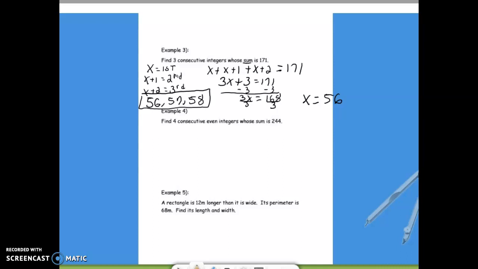Got one more consecutive integer problem for you. Now we're talking about even ones. So let's think of an even. So if we started with 2, then we'd have what? 4, 6, 8, so on. Okay, if we started with, let's say 10, the next one would be 12, and then 14.